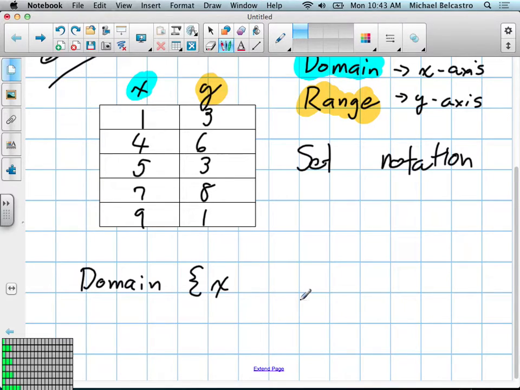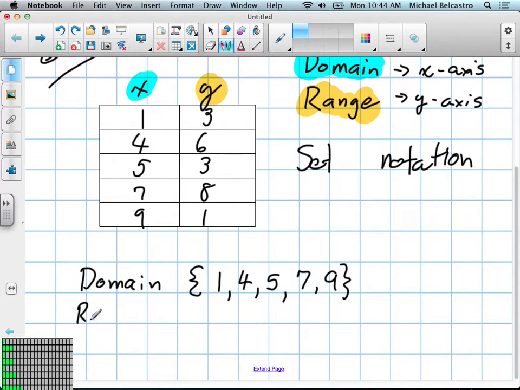Now in this case, because this isn't continuous, we only have so many x values. Our x values are 1, 4, 5, 7, and 9. So I don't need to write x, and we'll talk about continuous functions after. But my domain is essentially just 1, 4, 5, 7, and 9. And these funny looking brackets are essentially what our set notation is. We've set it up like that. That is our domain, just the numbers that are under our x values.